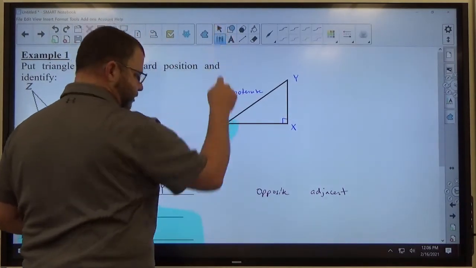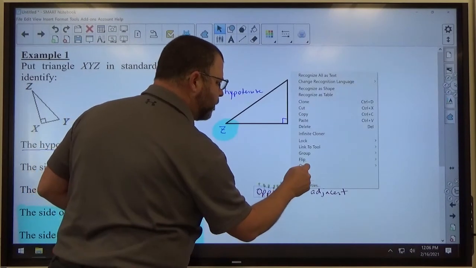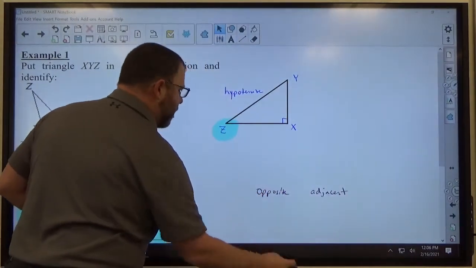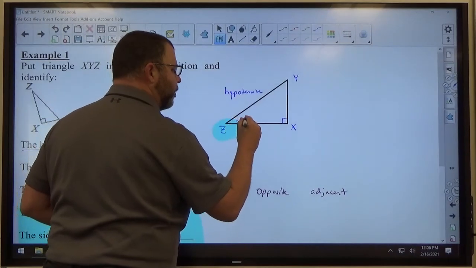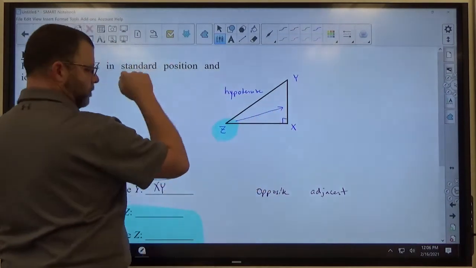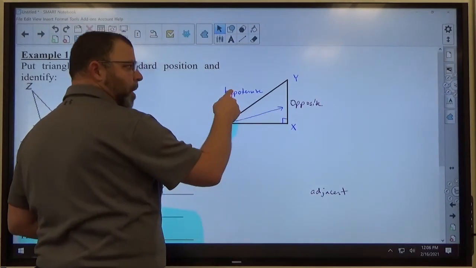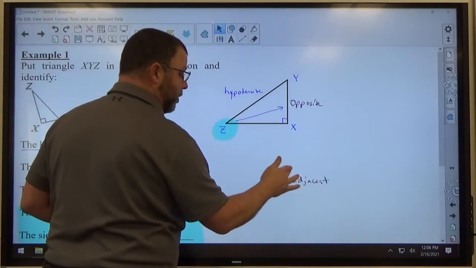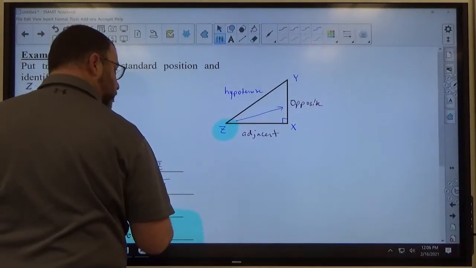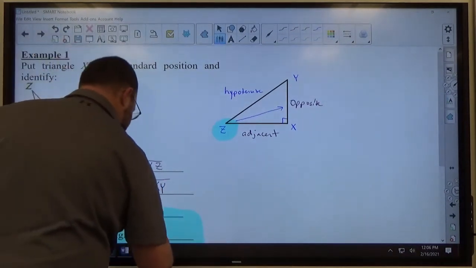All right, so if I'm looking at angle Z and the idea of opposite again is considered here, okay, if I'm here at angle Z and I go opposite, that means I'm going this direction, I end up over there. My opposite side would be XY. And the hypotenuse didn't change because it's always the hypotenuse. That means the adjacent side must be XZ. So opposite angle Z is XY. Adjacent angle Z is XZ.